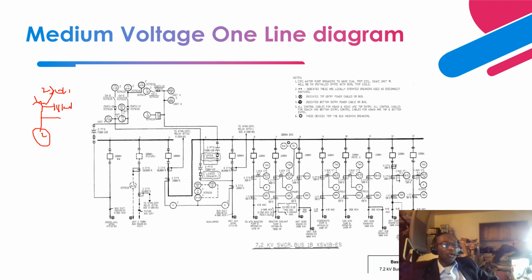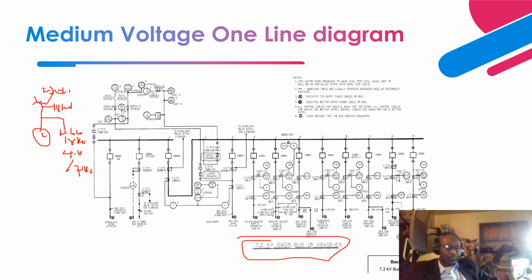So it goes through a 3-winding transformer that steps the voltage down from, let's say, 18 kV to 4.16 kV or 7.2 kV to achieve that medium voltage bus.